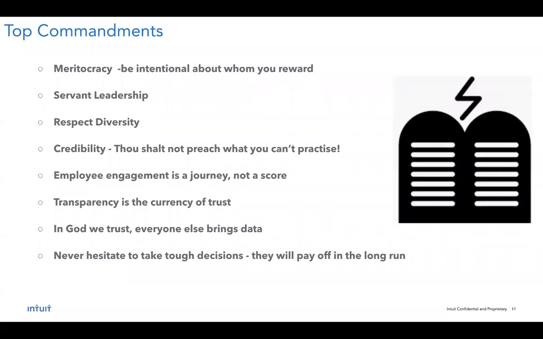Diversity is all about encouraging a different behavior or a different line of thinking in your business. It is also a critical currency in gaining credibility and trust in your organization, and it promotes transparency.